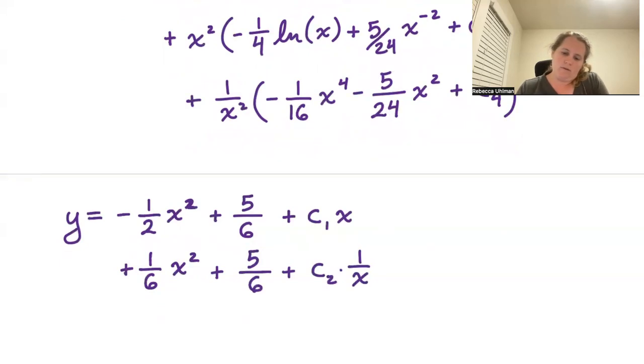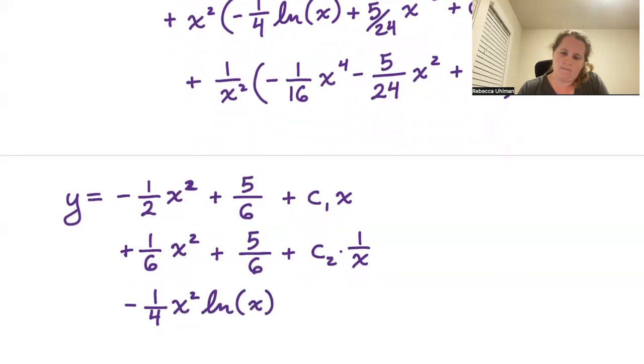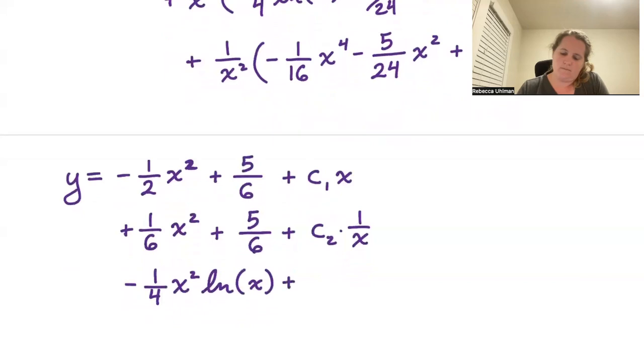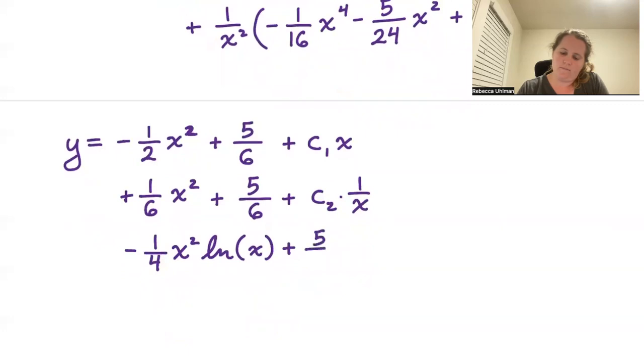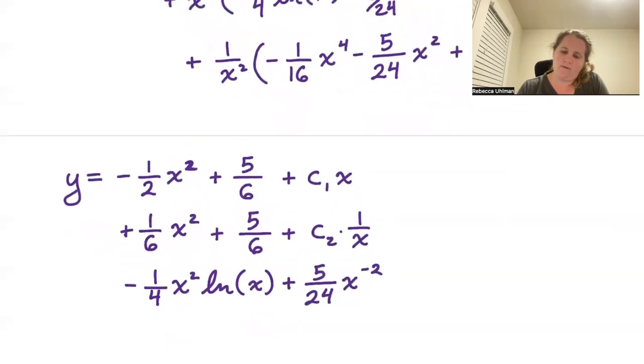Then we have minus 1/4 x squared times the natural log of x plus 5/24 x to the negative 2.